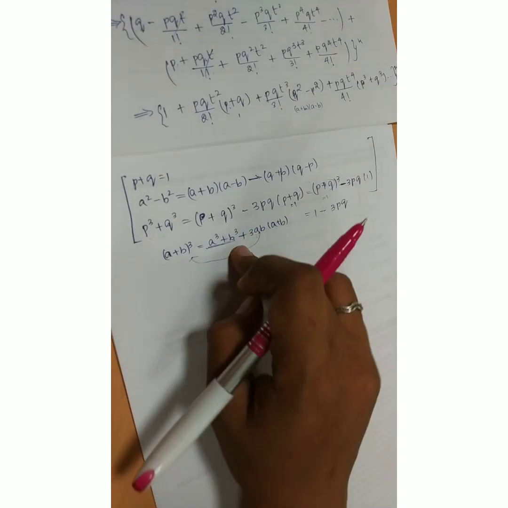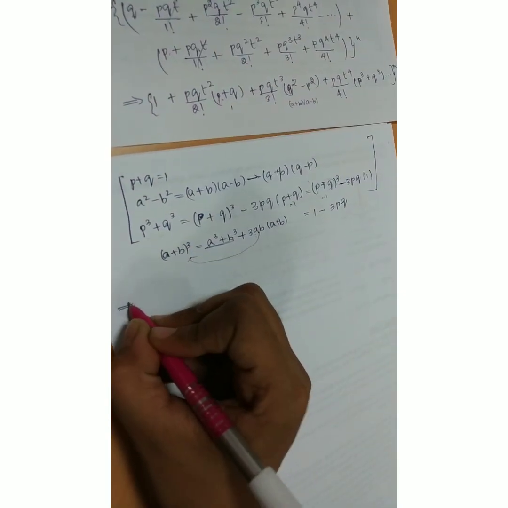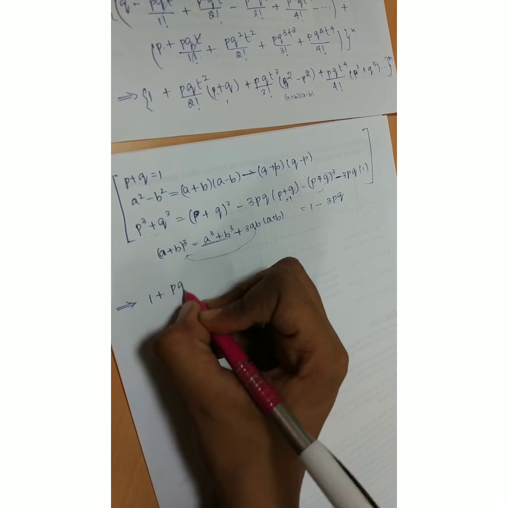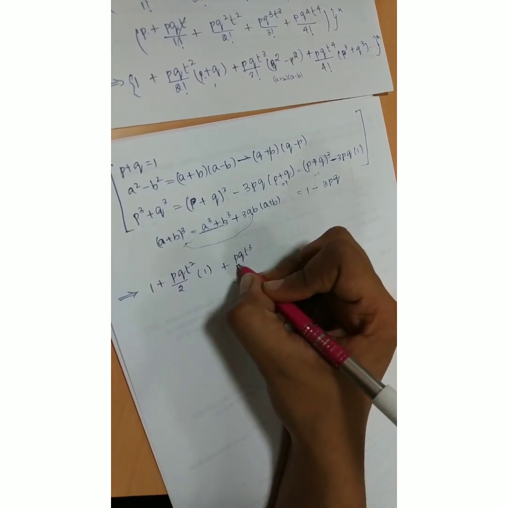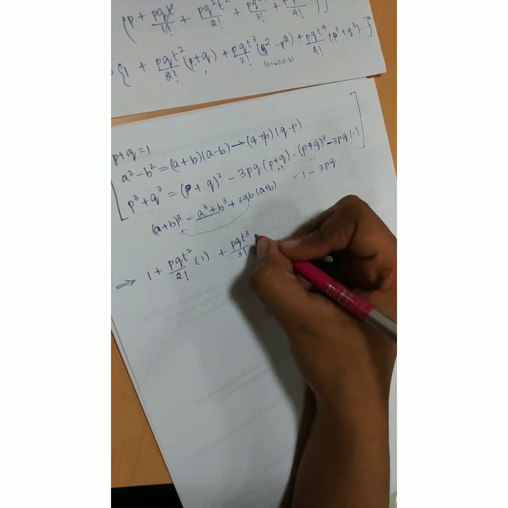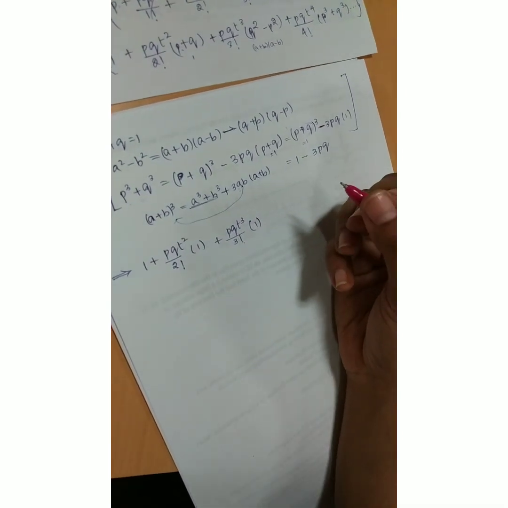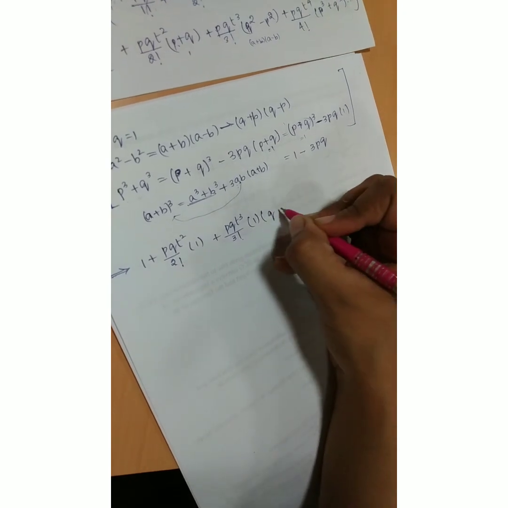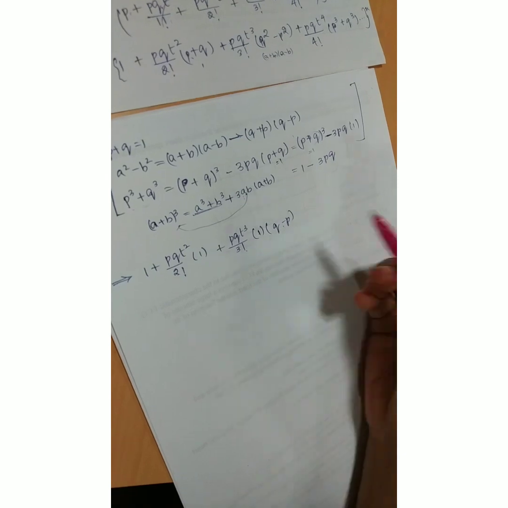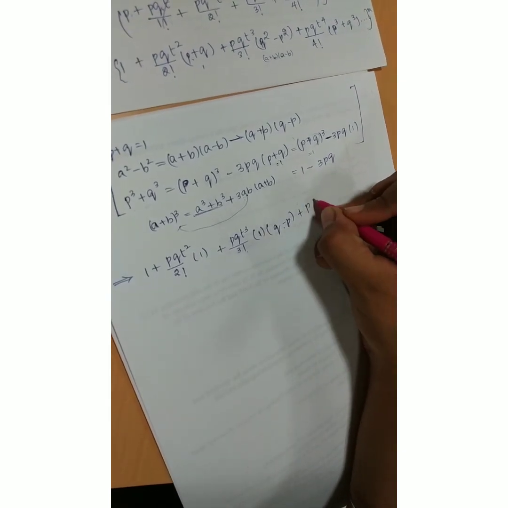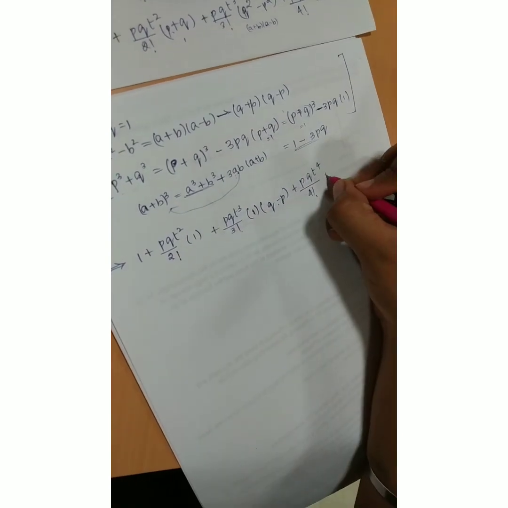Substituting all these formulas in the above equation, we get 1 plus pq t square by 2 factorial into 1 plus pq t cube by 3 factorial into 1 into q minus p. As q plus p is equal to 1, we substitute 1 there. Then for the fourth term we will have pq t power 4 by 4 factorial into 1 minus 3pq, the whole power n.